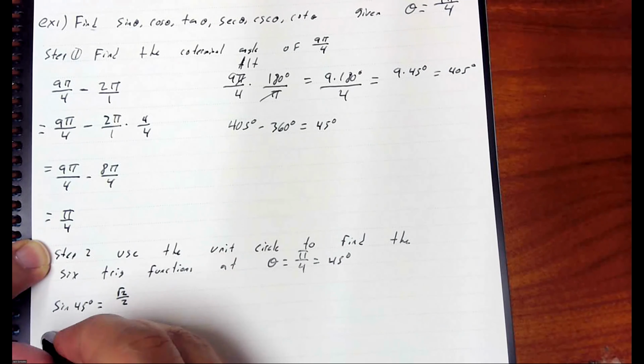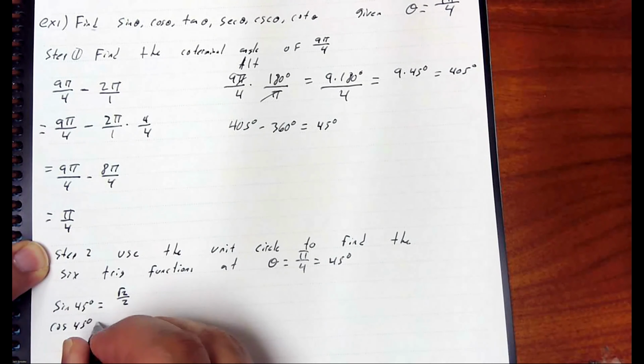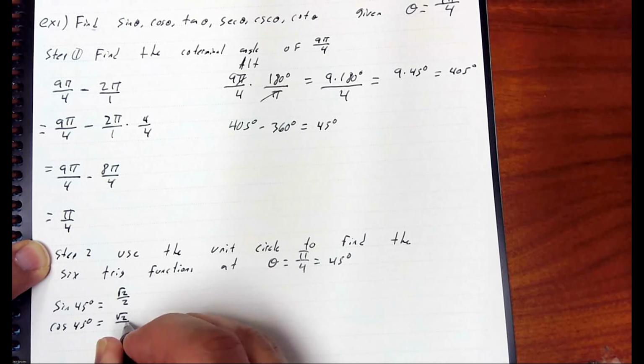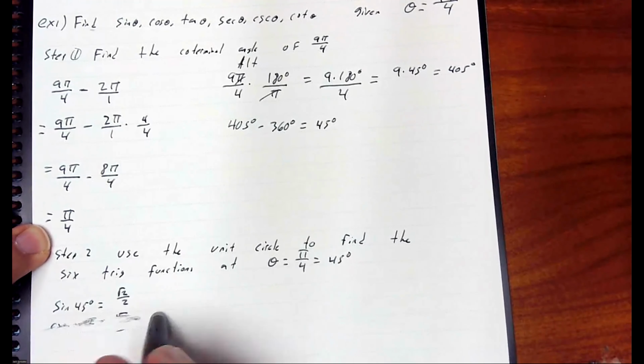I don't have enough space here, so let's go ahead and put it in here. Cosine of 45 happens to be the same thing from the circle. Maybe I'll write it across instead.